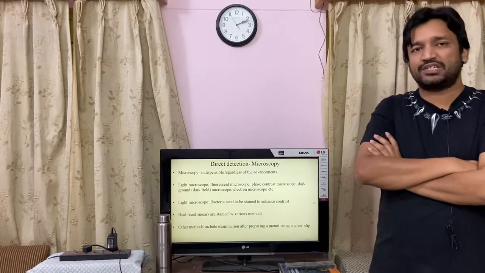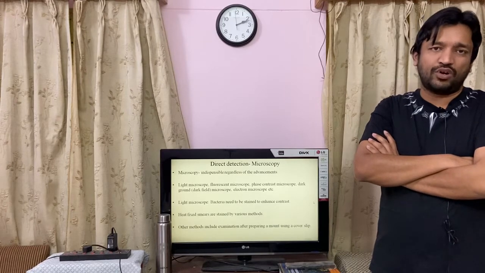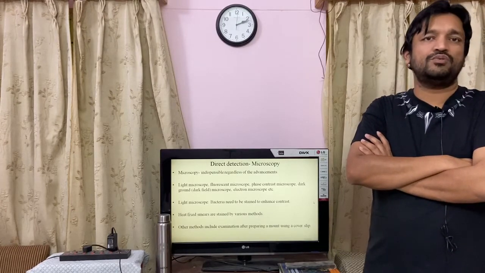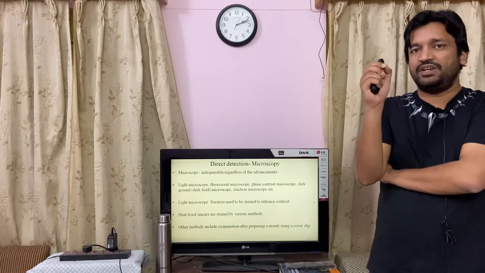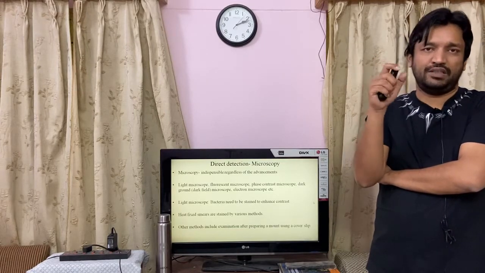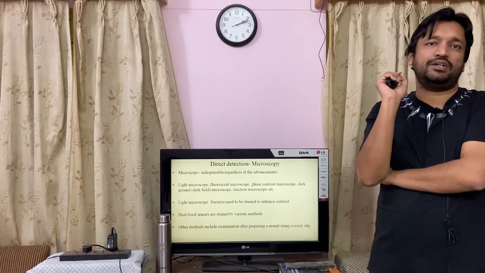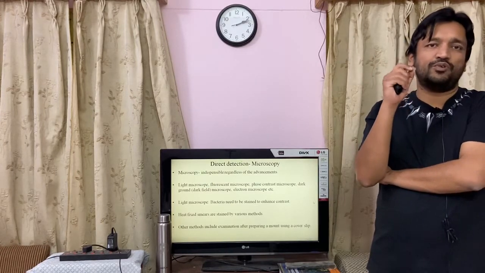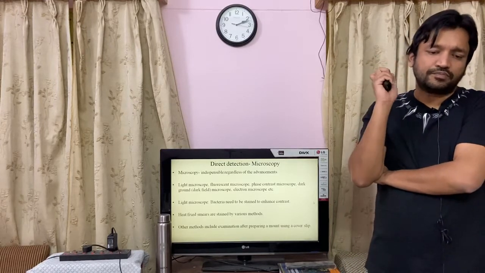There are various types of equipment for microscopy. We even have a confocal microscope that allows us to see the causative agent in vivo, that is directly on the patient. Confocal microscopy is very useful for corneal ulcers.